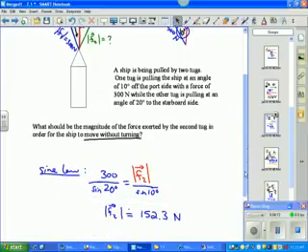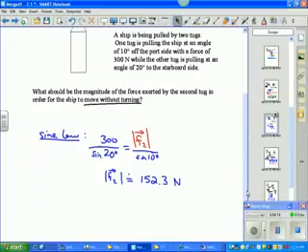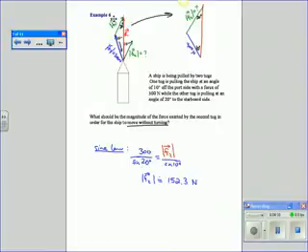So we come down here and we have a setup for the sine law. We're going to have the 300 newtons over sine 20 degrees equal to the magnitude of F2 divided by sine 10 degrees.